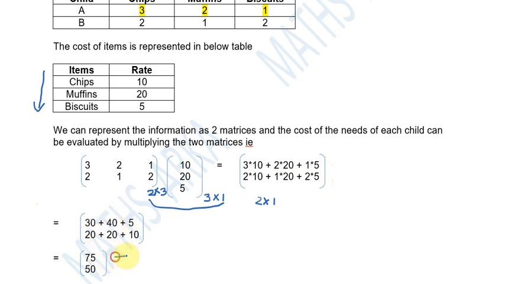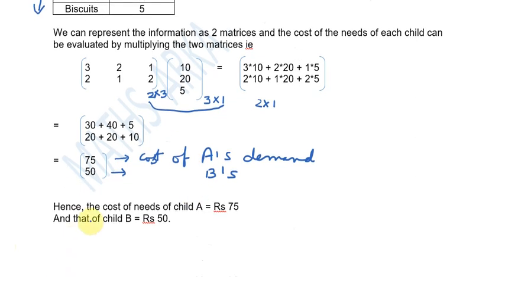So this is the cost of A's demand, and this is for B's demand. Okay, so this is how we are able to solve some real life examples through matrices. I hope this makes sense to you.